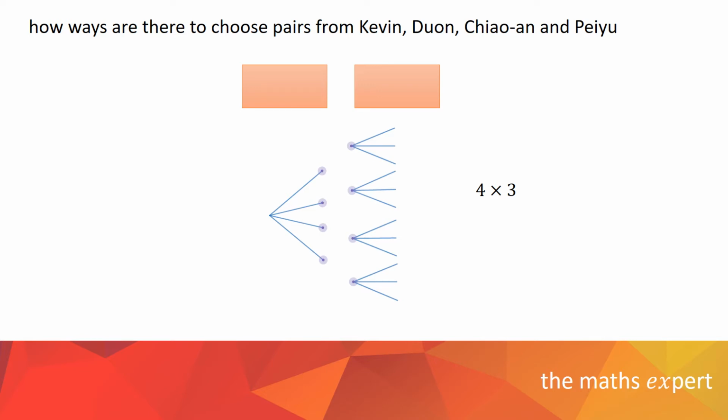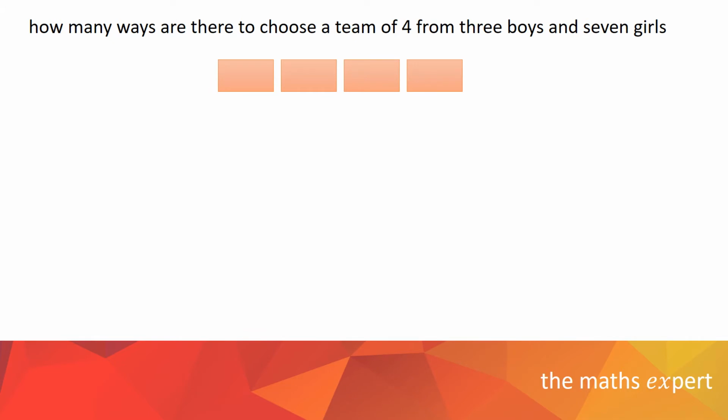Therefore, we need to divide out the repeats by asking ourselves how many ways there are to arrange each pair. The answer is 2 factorial, so we divide by this to give our answer of 6. Let's look at another example and try to generalize the approach. The gender of the people will come into the question later on, so don't worry about that for now.